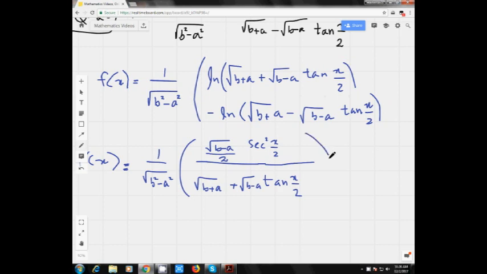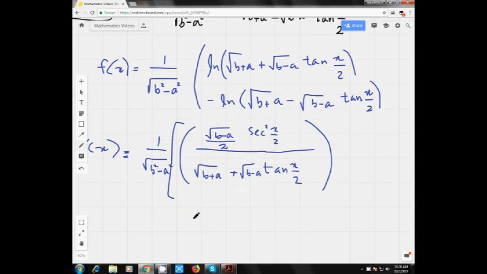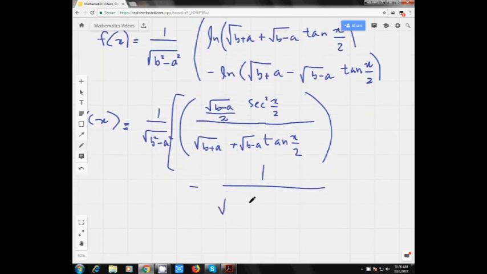Similarly, you have to apply the derivative on the second expression, that is minus ln of this one, and it is minus 1 divided by square root b plus a minus square root b minus a tan x by 2.